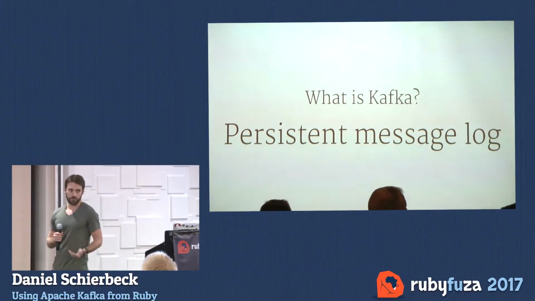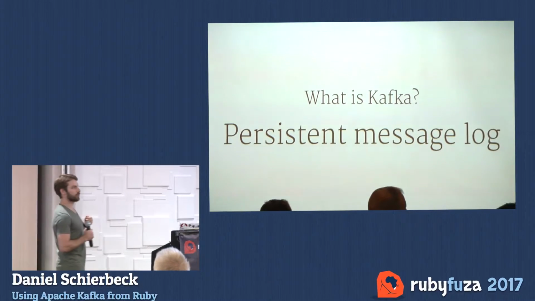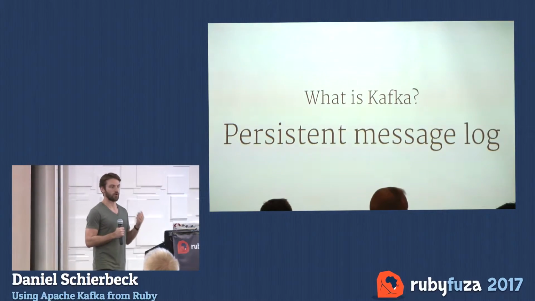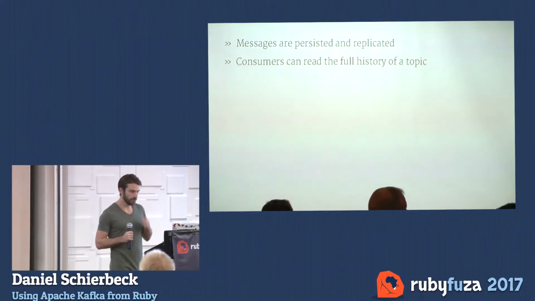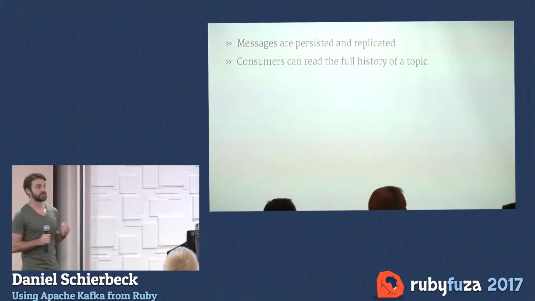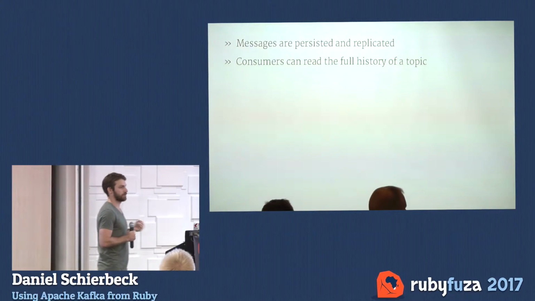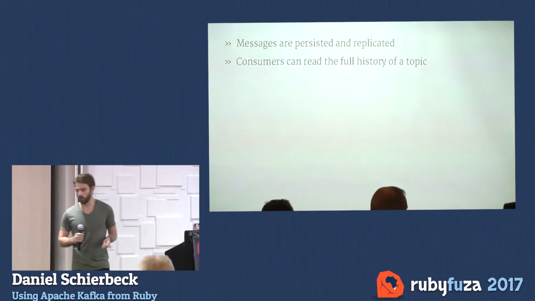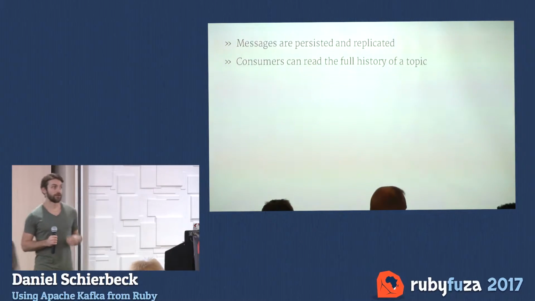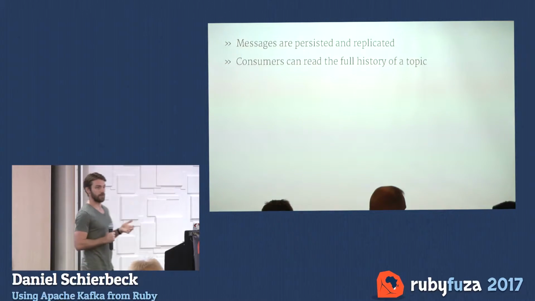Kafka is not just a PubSub system, it's also a persistent message log. Basically, sort of a database for ordered messages. What this means is that all messages are persisted to disk. This is very different from most other PubSub systems that work in memory, something like RabbitMQ. By default, it keeps all messages in memory.